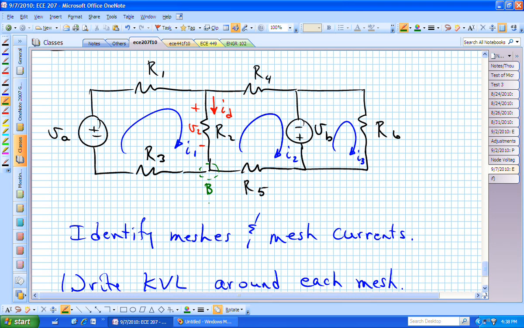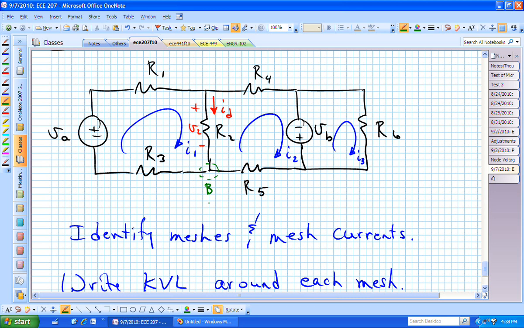I'm talking my way through this before I advance the screen because I think advancing and going back and forth on the screen is what's causing the problems. So let me talk my way through it and then I'll write down the equation. I'm trying to relate I sub D to I sub 1 and I sub 2. We'll write KCL at node B, but another way of thinking about it is I want I sub D to be going positive in the direction I've indicated, which is vertically down.